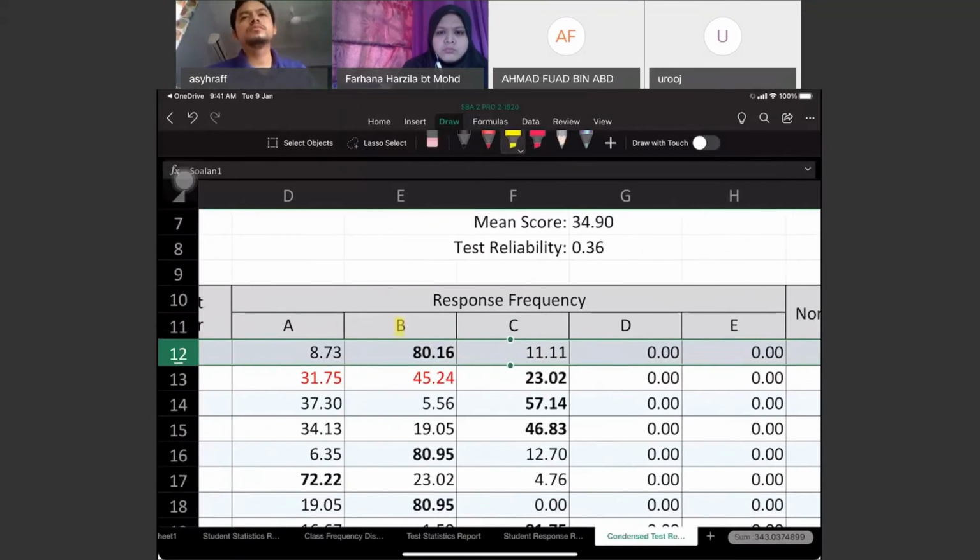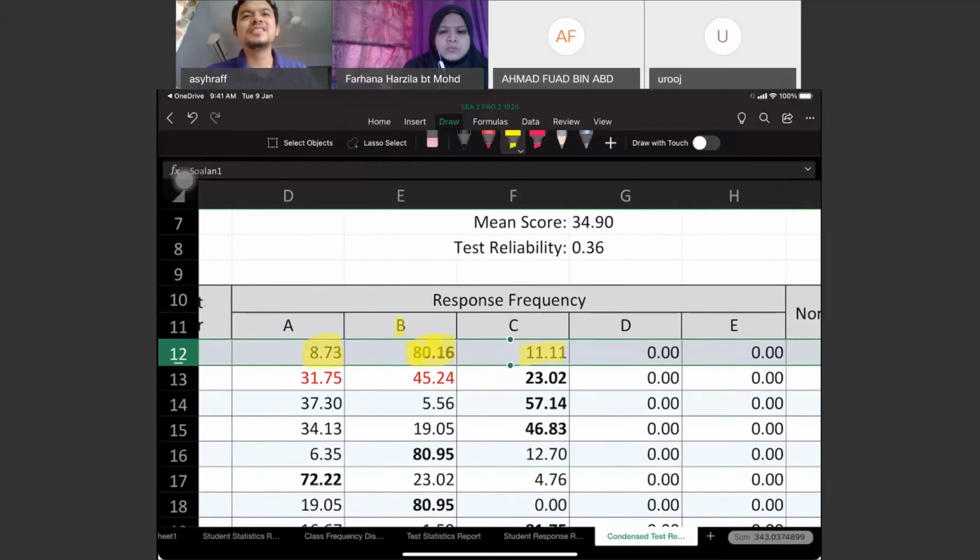The percentage of candidates choosing A, choosing B, and here the majority of students know that the answer is B. Only 11% chose another option. For this question, only 3 options, A, B, C. D and E are not used. Zero.